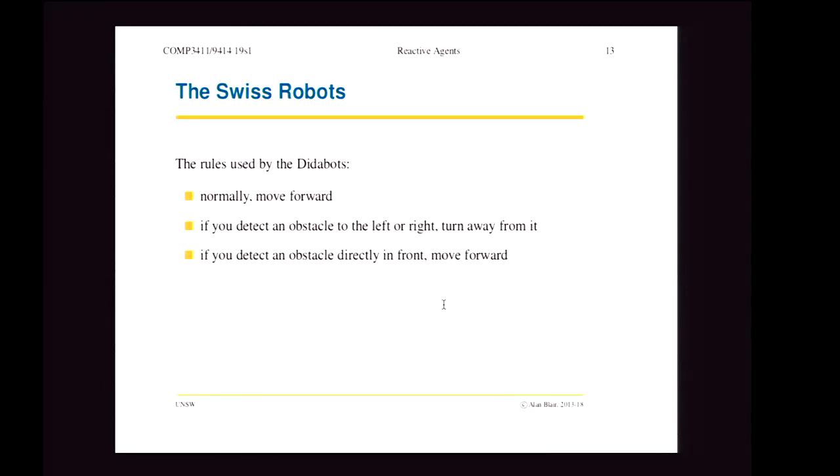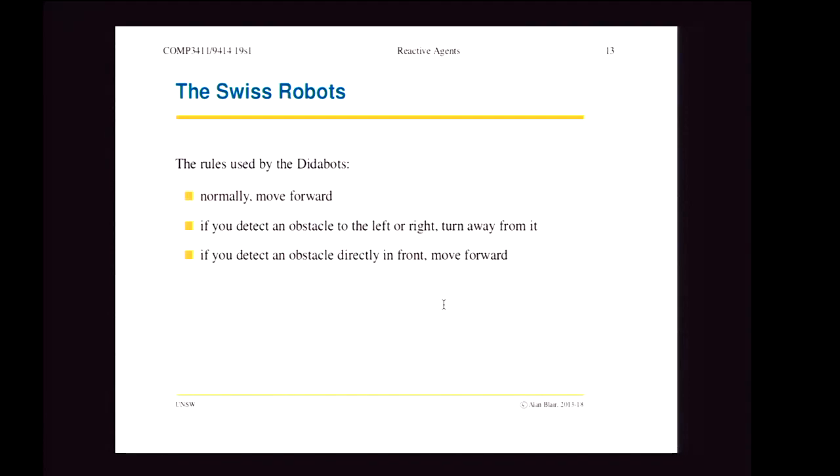So if you bump into something on the right, then you turn to the left. If you bump into something on the left, you turn to the right. And if you bump into something directly in front of you, then you continue to move forward.